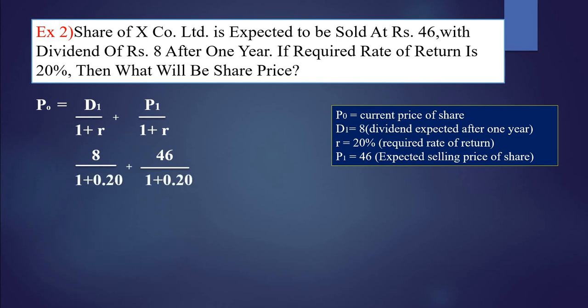R is 20%, meaning 0.20. Now we'll go for the simplification. So 8 divided by 1.20 and 46 divided by 1.20. If you do that, we get the values 6.66 plus 38.33. Now we have to add both the values.